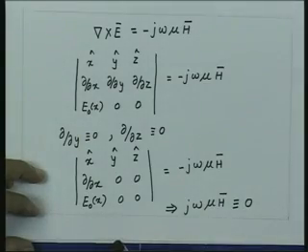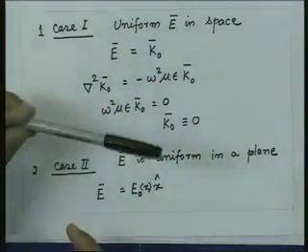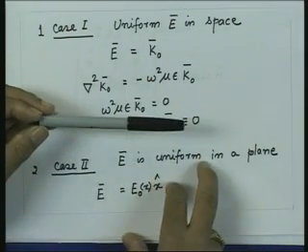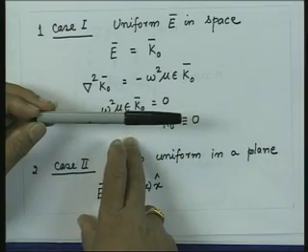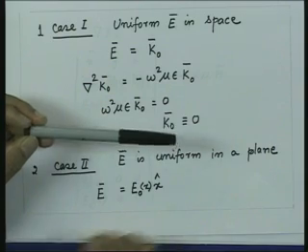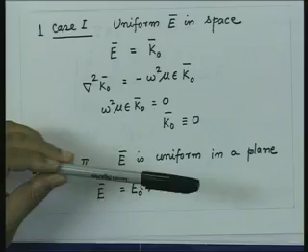What we conclude in the second case is that if the electric field is uniform in a plane perpendicular to its orientation, then this field has to be identically 0, because the magnetic field will be identically 0. So now we have a second conclusion: an electric field which is uniform in a plane perpendicular to its direction cannot exist in this unbound medium.